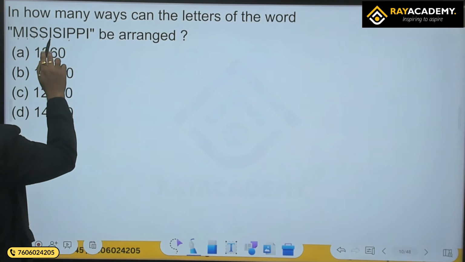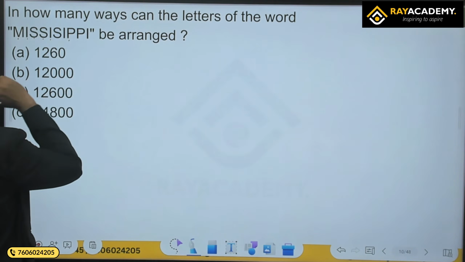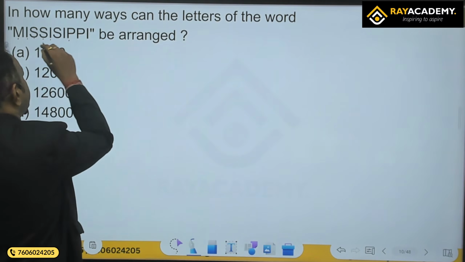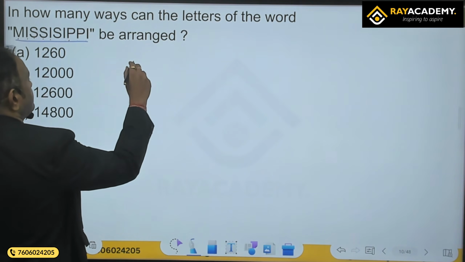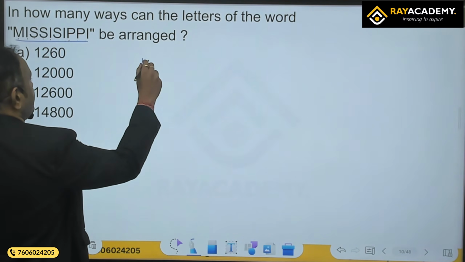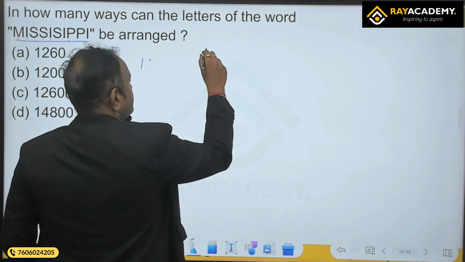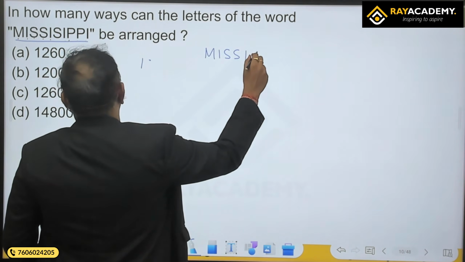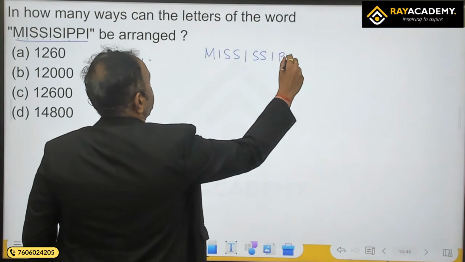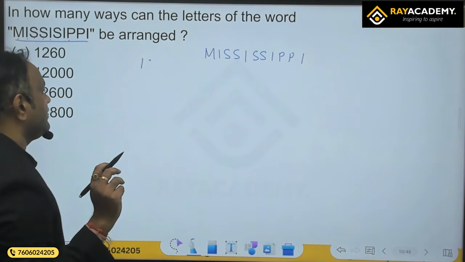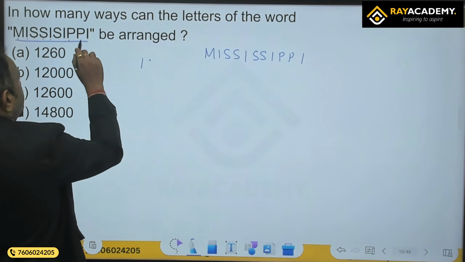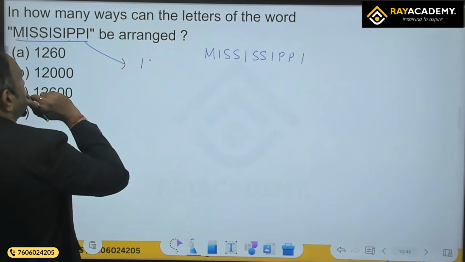Anyway, 10 letters are there in the given figure, so the number of arrangements will be 10 factorial. Actually, the Mississippi spelling is MISSISSIPPI, so I think this is a typing mistake. Anyway, let us first assume that 10 letters are there.